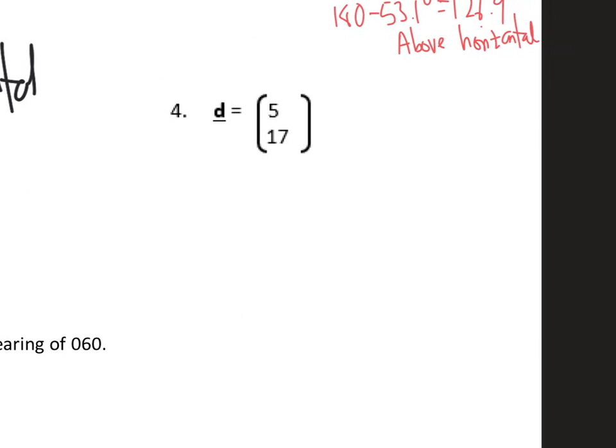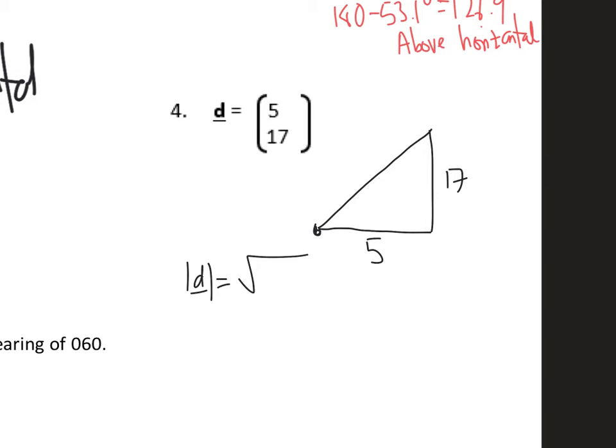And last one, so 5 to the right, 17 up, so there's my distance. So the magnitude is square root of 5 squared plus 17 squared. Square root, so I get, that's root 314.